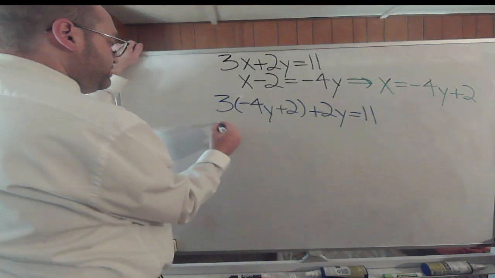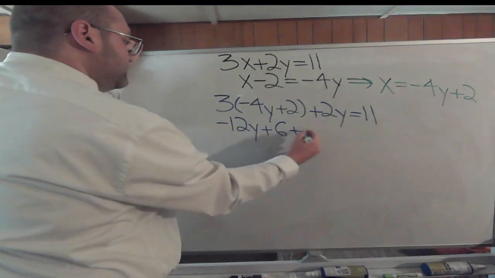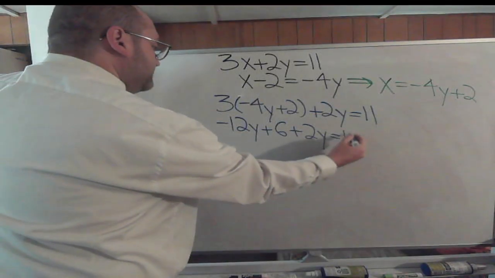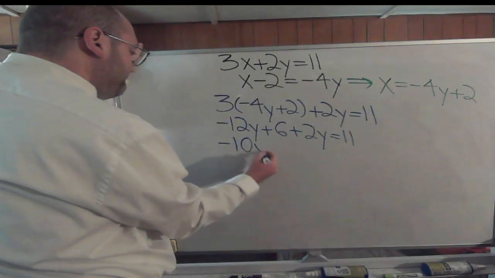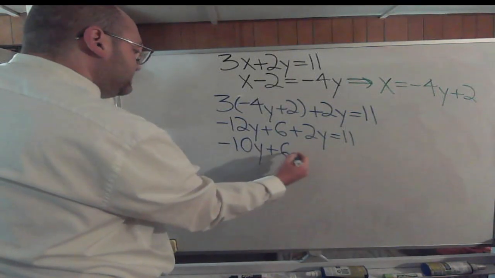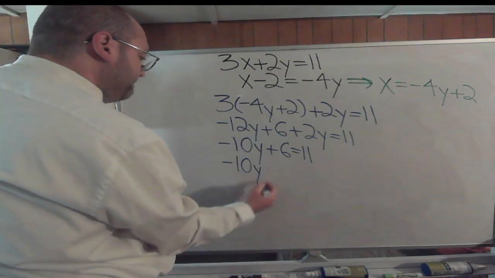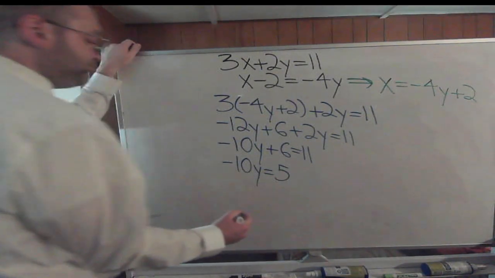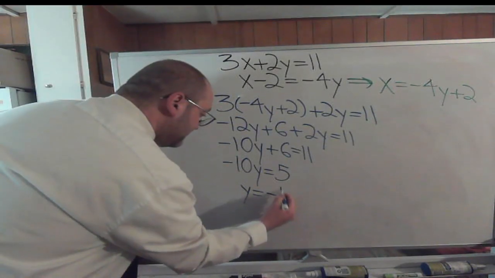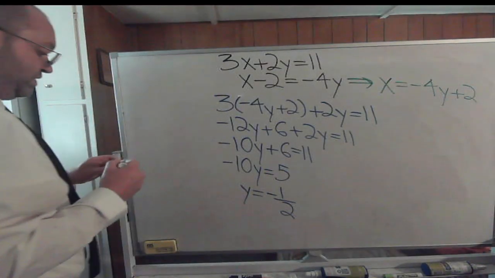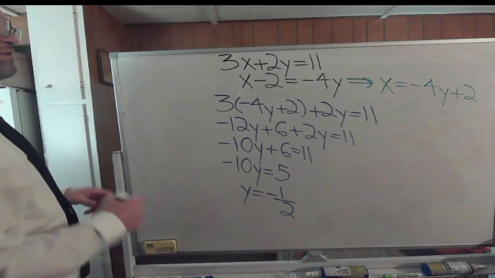Do some distribution, you'll get -12y plus 6 plus 2y equals 11, which would just end up giving you -10y plus 6 equals 11, which means you would get -10y equals 5. So then you get y is equal to 5 divided by -10, that's -1/2. So you get the y coordinate of the point of intersection being -1/2.